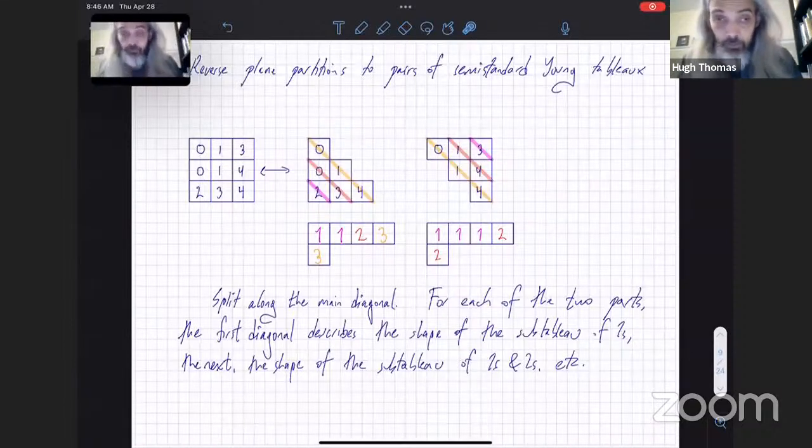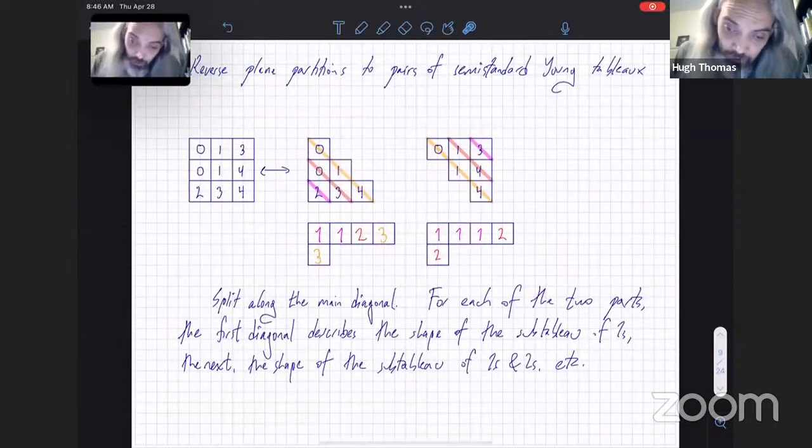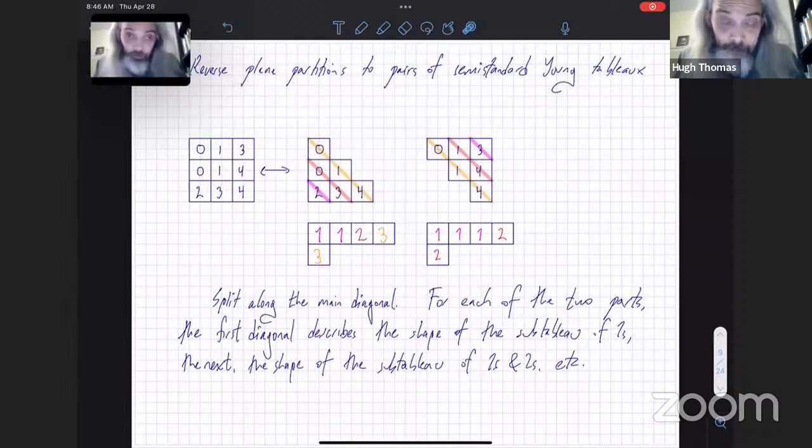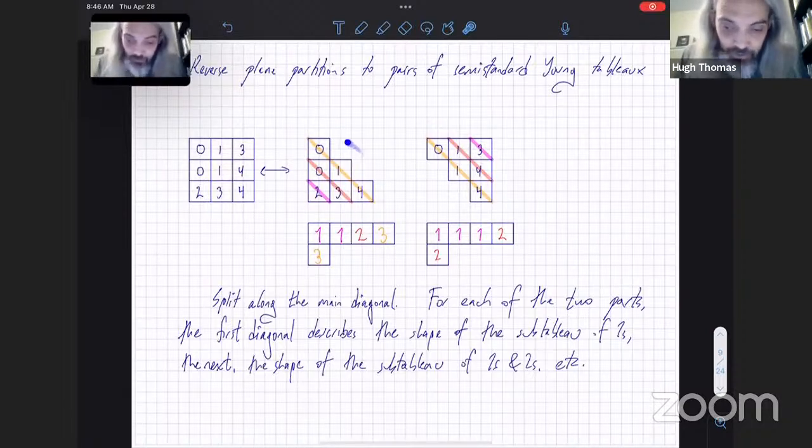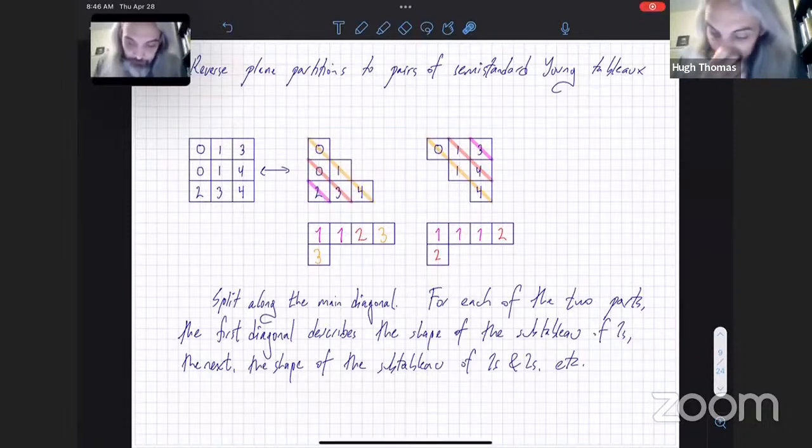Now, what are we going to do? Well, if you think about it, when you look along the main diagonal, if you read it upwards, then you see a weakly decreasing sequence of numbers. So you can view that as a partition.